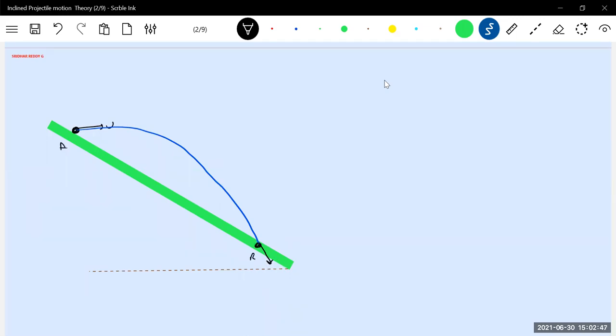It's certain that at point A I projected it at t equals 0. We have to get that range, the time of flight, and with what speed it will come and strike the inclined plane. All these quantities are to be determined.